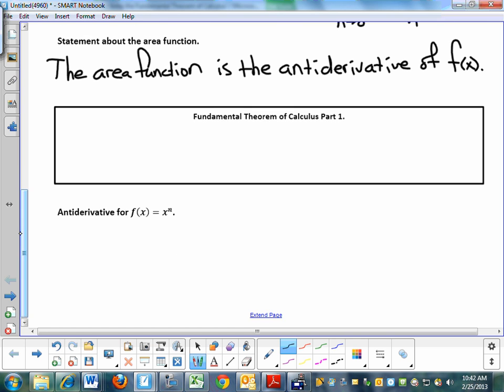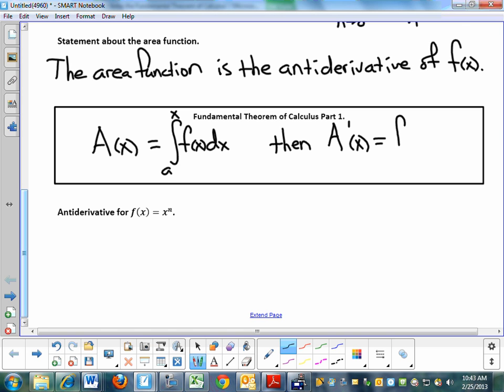Here's the fundamental theorem of calculus, part 1. Suppose that the area function is equal to... What we just learned from the statement above is if you take the derivative of the area function, you get the actual function.